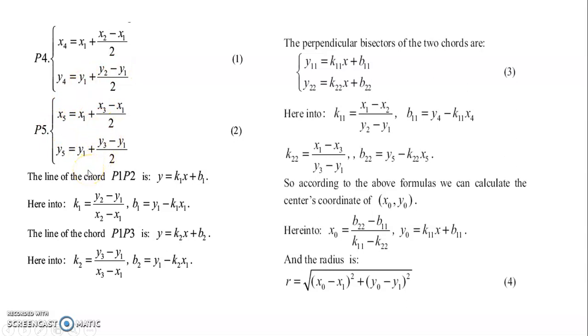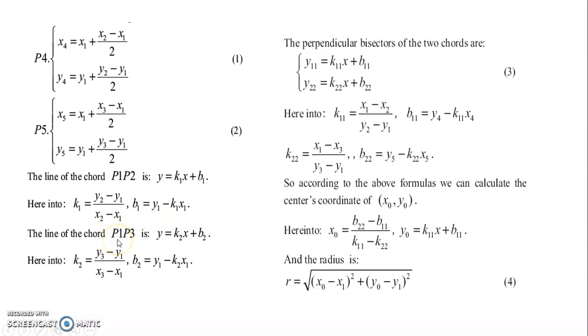Since P1P2 is a line, it has an equation: y = k1x + b1. Here k1 is the slope of that line and b1 is the intercept. We know the slope formula, that is (y2 - y1) / (x2 - x1). And when we take the value to the left-hand side, we get b1's value.